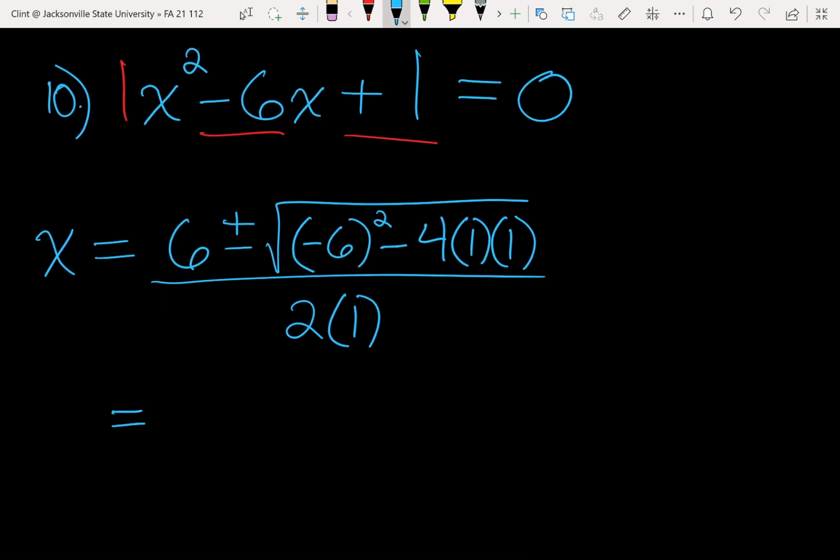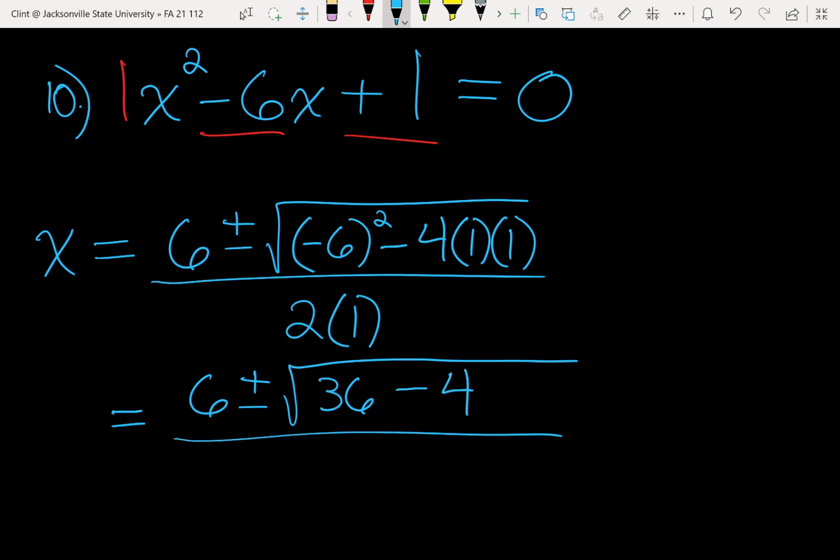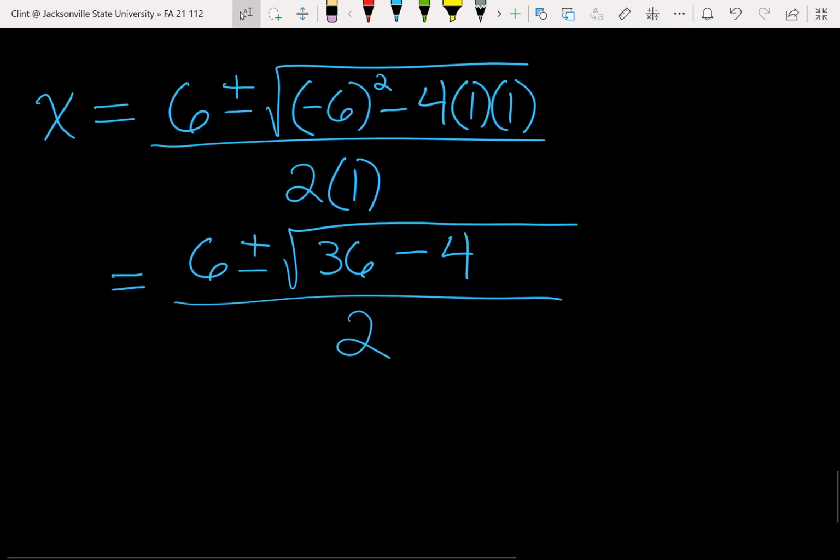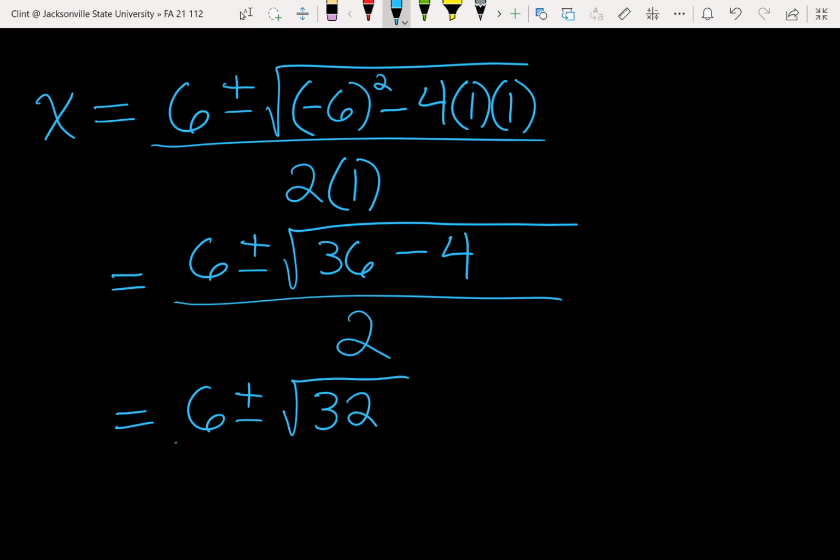Okay, so then when we simplify, negative 6 squared is 36. And then we have minus 4 over 2. So we got 6 plus or minus square root of 32 over 2.